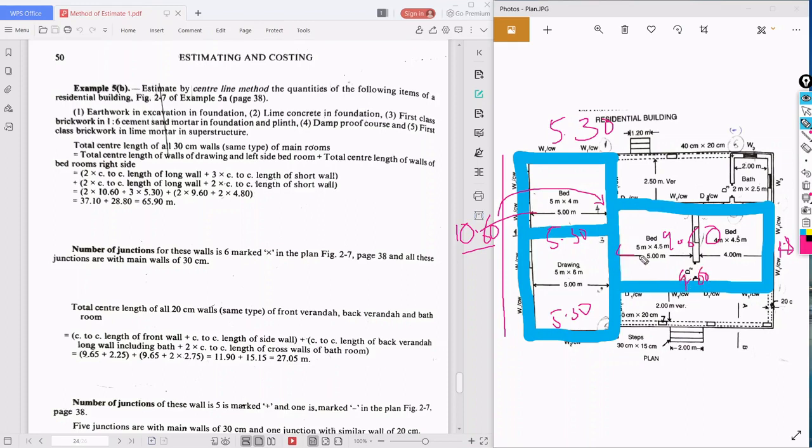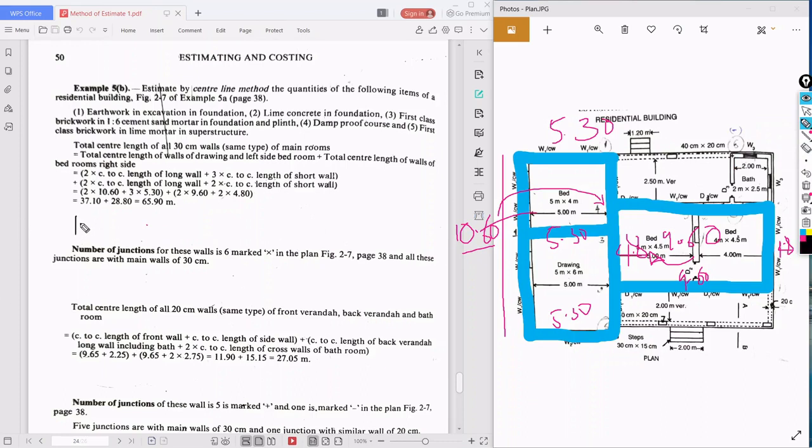Okay, plus this 4.8, this one we need to do. So first I will start from here. See here. Okay, 5.30, or we can start with 10.60, so that confusion shouldn't happen.